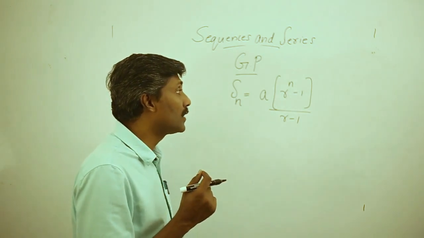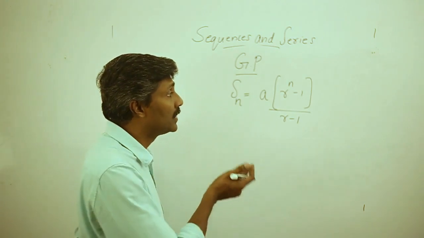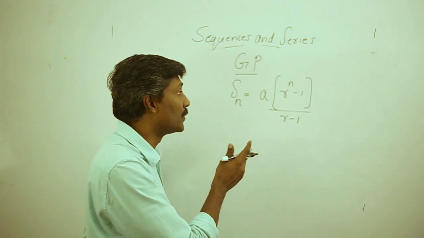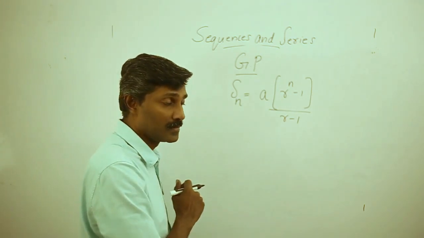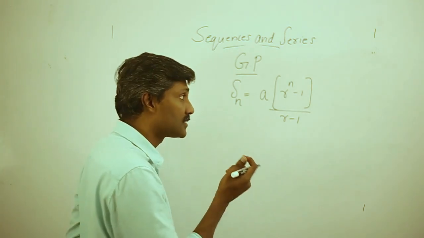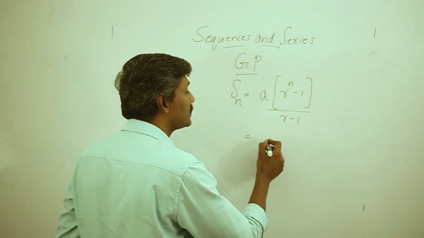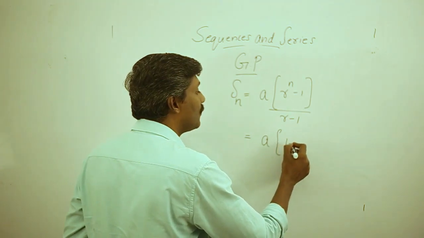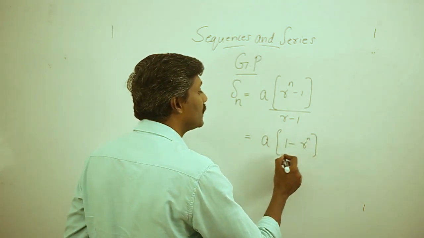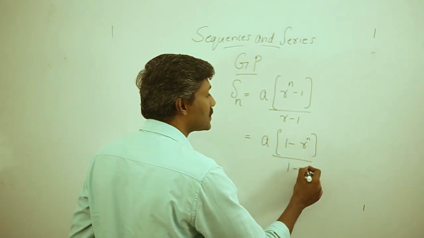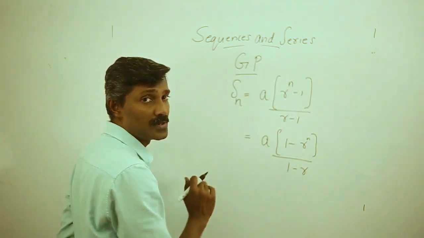So if r is greater than 1, then definitely we can use this formula to find out the sum of the n terms. Now what if r is less than 1? Then we can write a into 1 minus r raised to n divided by 1 minus r. Just reverse it.